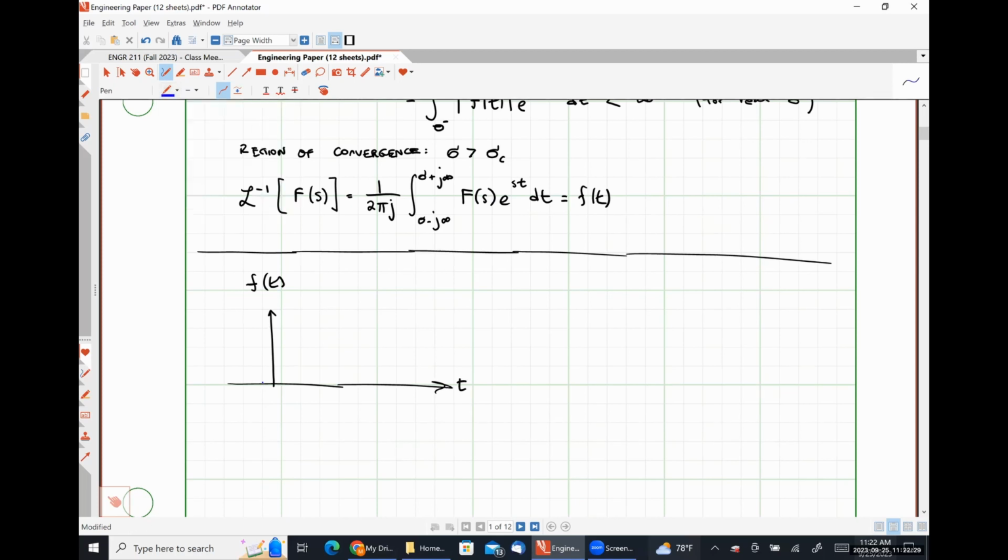So I have a rectangular step where the height of this rectangle is a, and the time at which my function switches from a value of 0 to a value of a is capital T. How would I describe this function as a mathematical description?